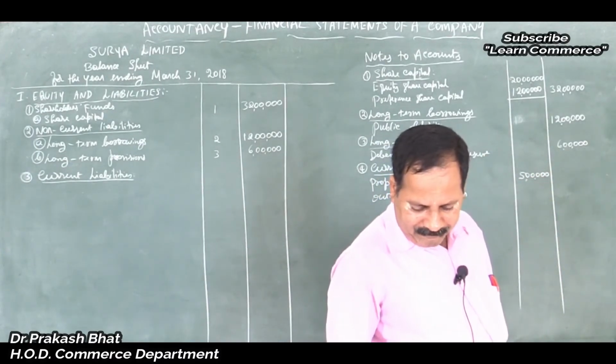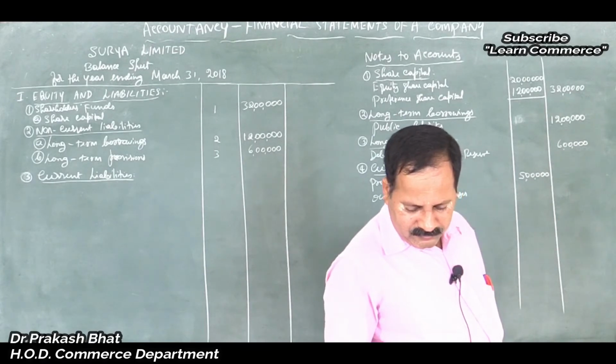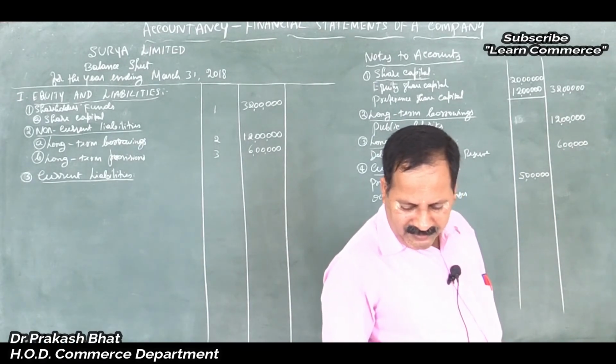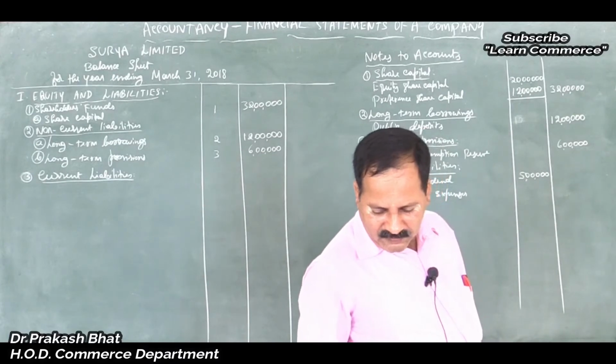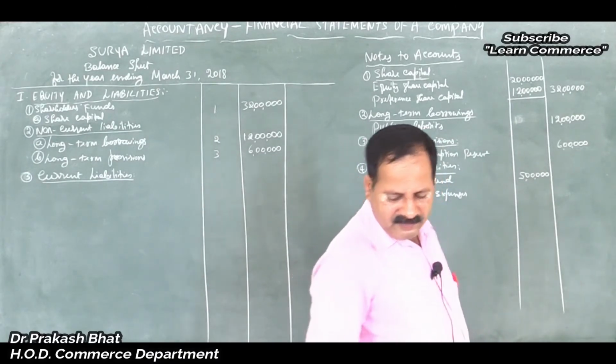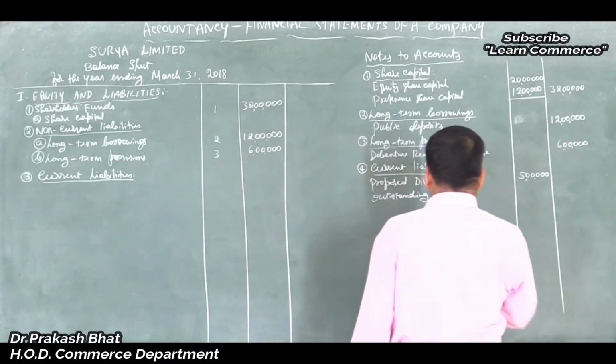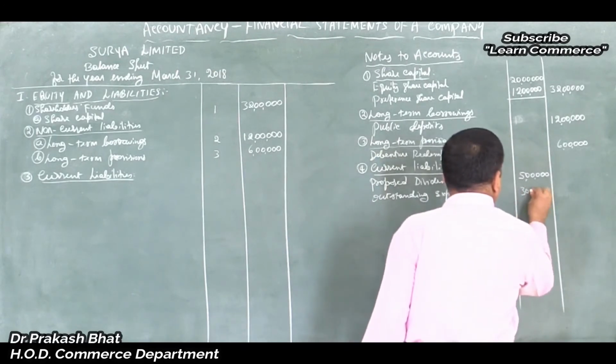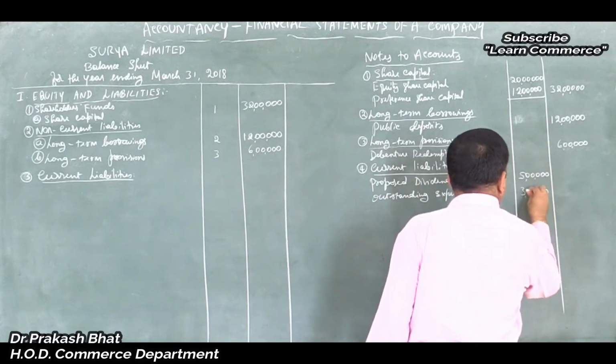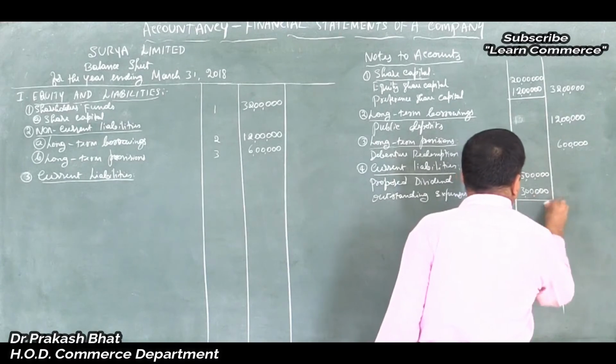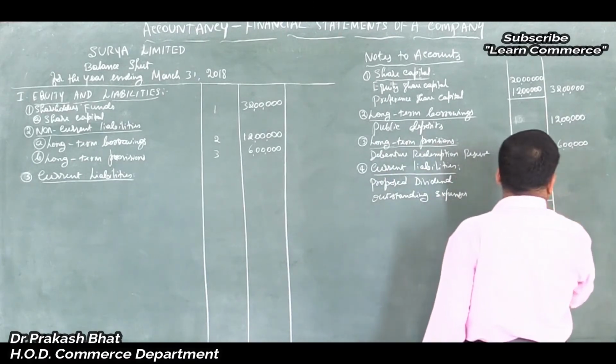Then one more, outstanding expenses 3 lakh. So the total is 8 lakh.